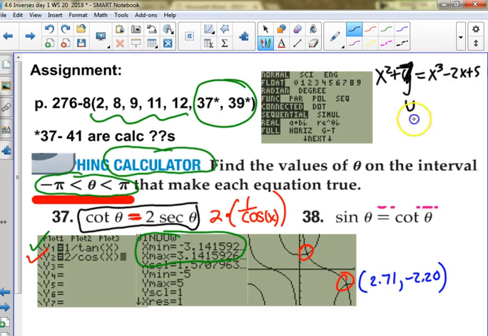So we would set this in y1 and this in y2, and we'd find where they intersect. And we were looking for the x coordinate, yes? Okay, so we made this x when we typed it into our calculator, and this x. So if this is a point of intersection, what we're looking for is this x value. Make sense?